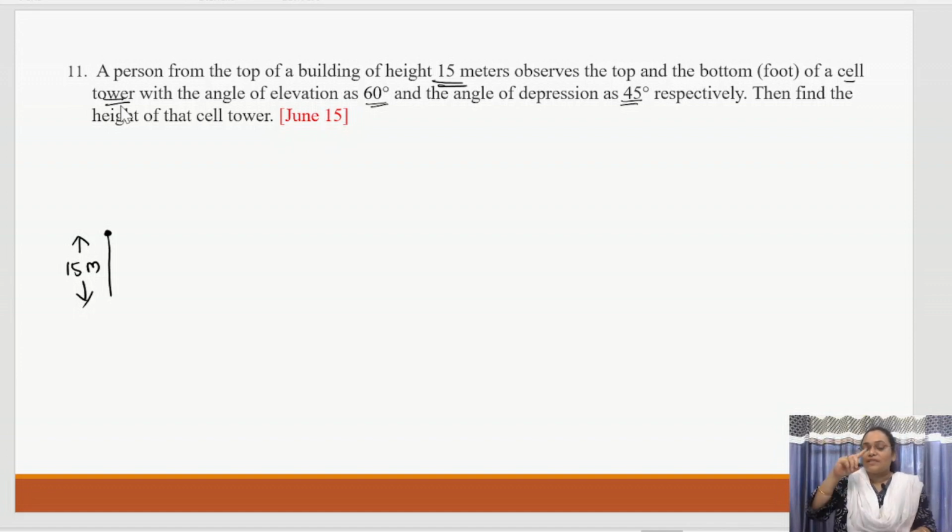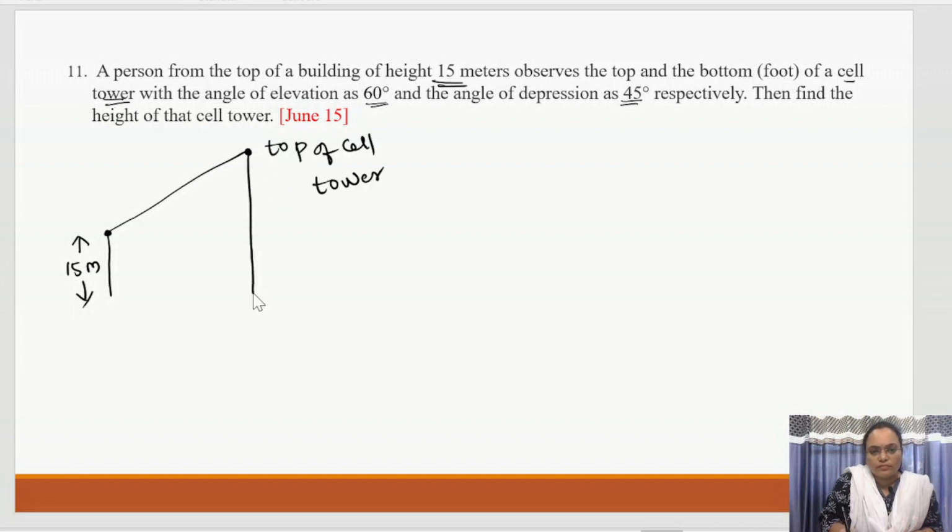He observes the top and bottom of the cell tower. This is the cell tower, and this is the top of the cell tower.